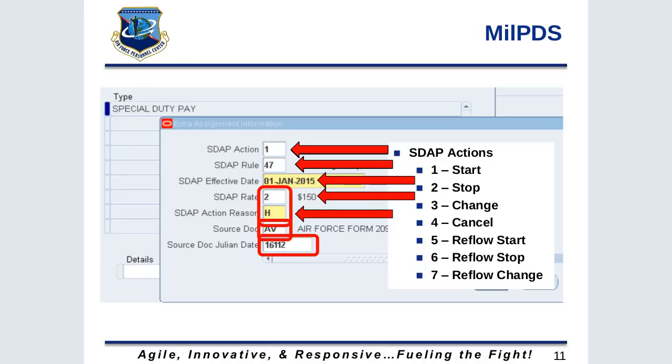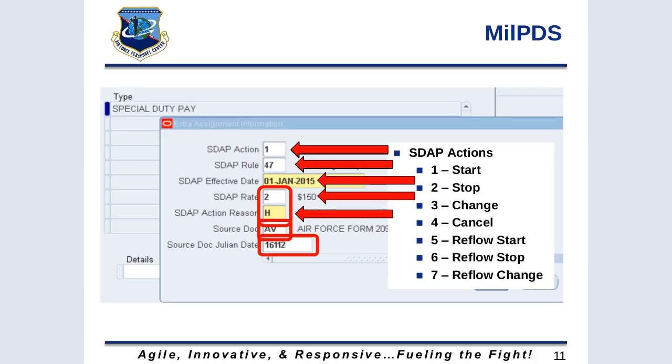The SDAP rule must match a valid SDAP table entry in place as of the effective date annotated on the Air Force Form 2096. The rate is dependent on the SDAP table and rule referenced. The effective date of an action must be on or after the effective date on the current SDAP table and rule. The SDAP action reason should coincide with the SDAP action.